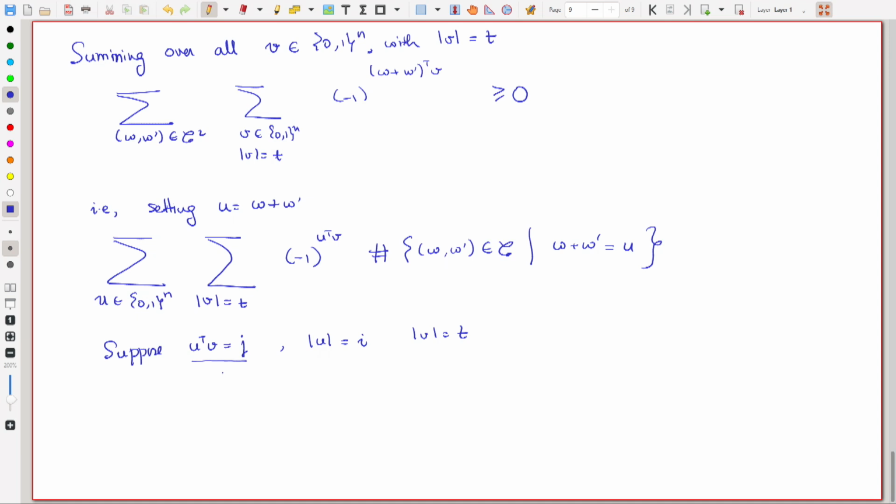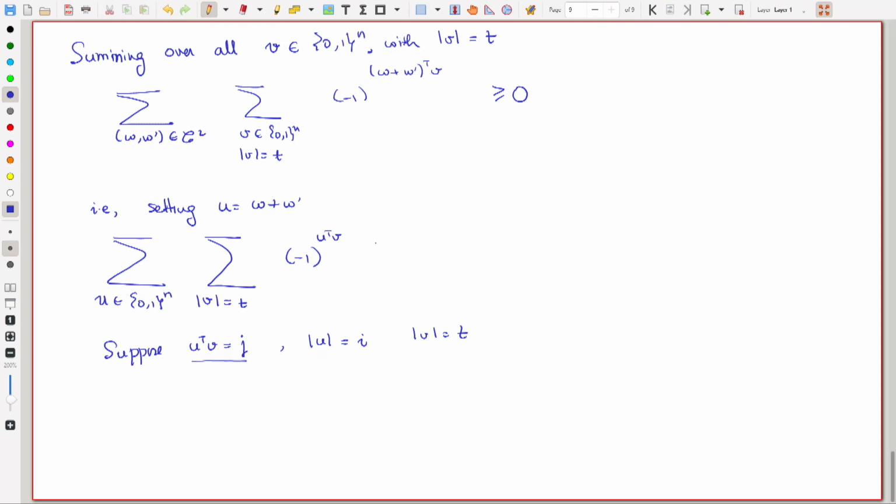U has size t, let me write it, one sec. What was the condition? One sec, this part of the proof is slightly clever. So, what is this?